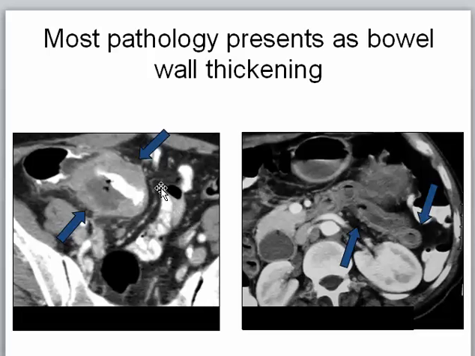And if irregular with large exophytic components like this, it is usually due to lymphoma. These are the two main causes of bowel wall thickening. But lymphoma means and other malignancies. Crohn's means and other inflammatory and allied conditions.